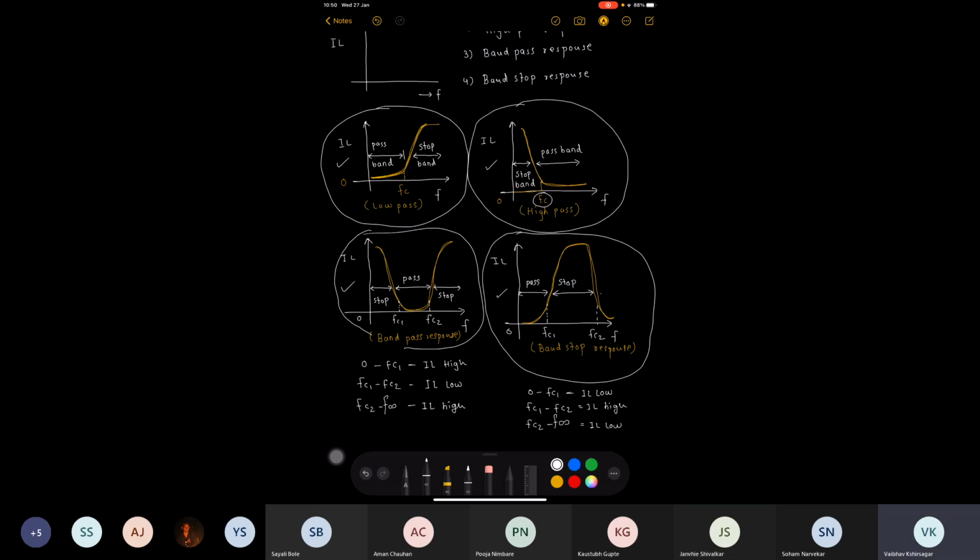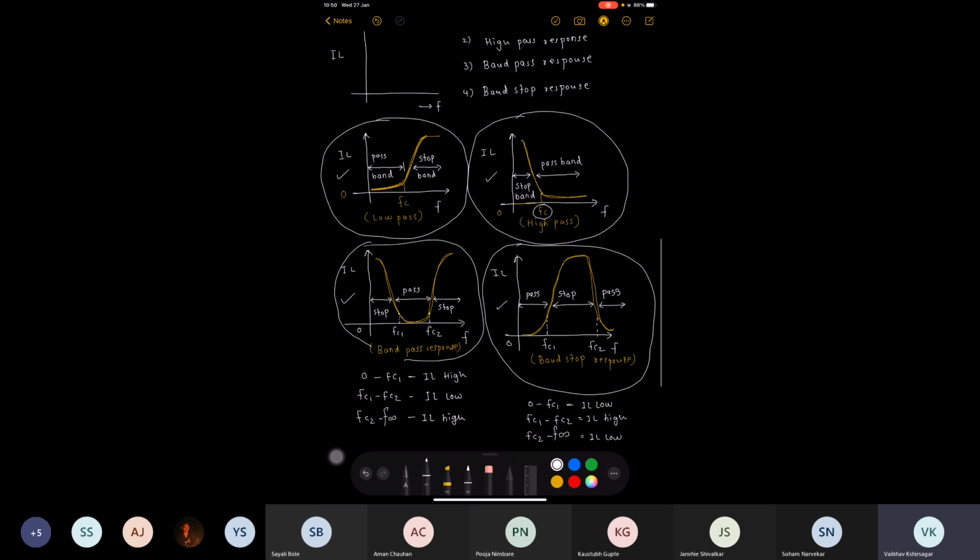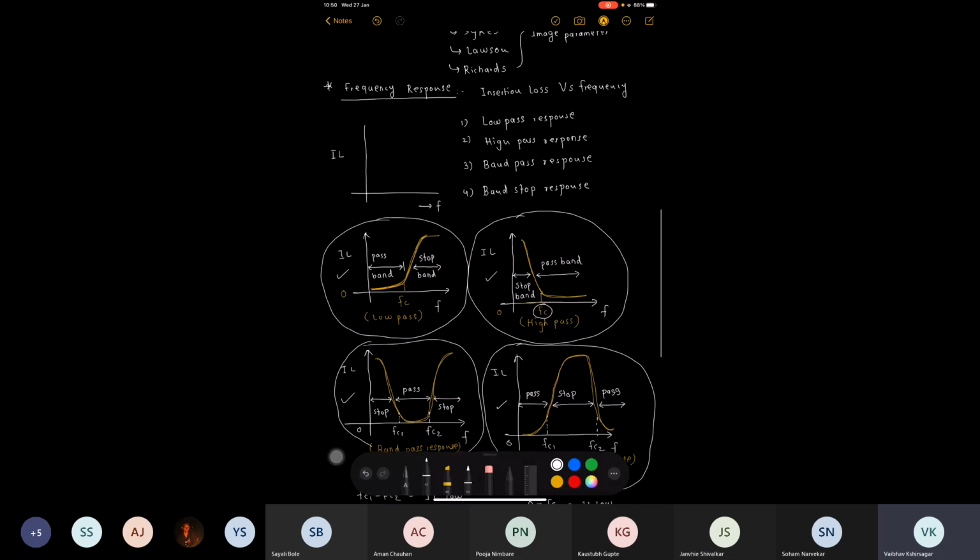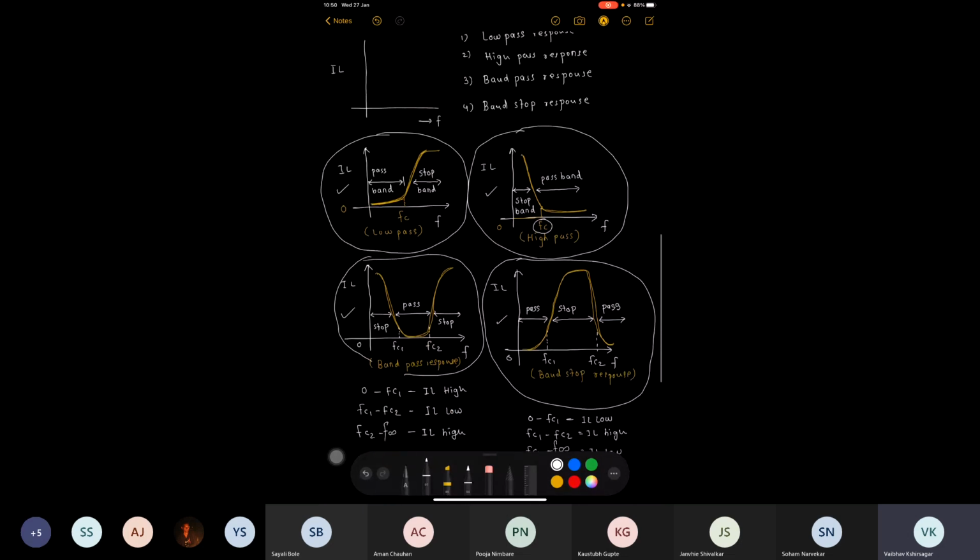After FC2, to the next infinite frequencies, we again have the pass band behavior. This type of response, which is opposite to the band pass response, we call a band stop filter response.